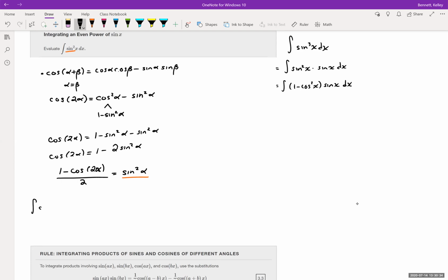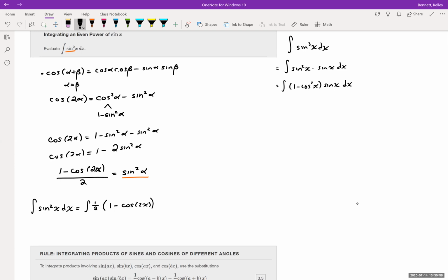So the integral of sine squared x dx equals the integral, I'm going to write it as 1/2, 1 minus cosine of 2x. Right, so it's saying whatever the argument is for sine, just double it. So if I had p over here, this would be 2p.